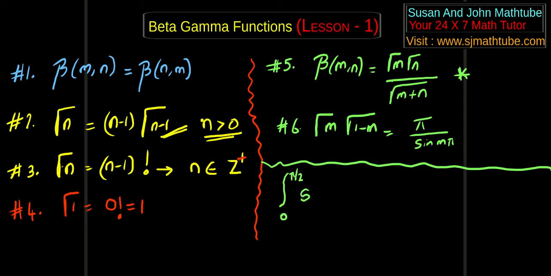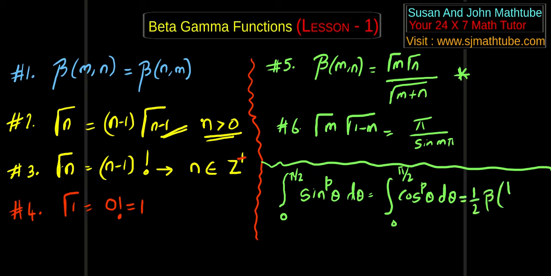First of all you have to understand integral 0 to pi by 2 sine to the power p theta d theta and integral 0 to pi by 2 cos to the power p theta d theta are the same. It's nothing but applying the property of 0 to a of f of x dx, because sin of 90 minus theta will be cos theta. And this is nothing but 1 by 2 beta of (p plus 1) by 2 comma 1 by 2.